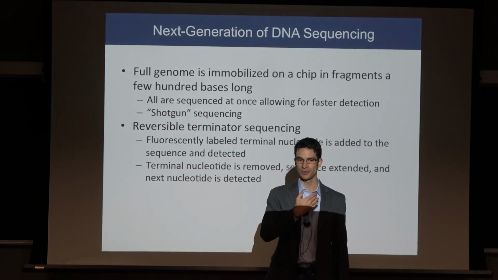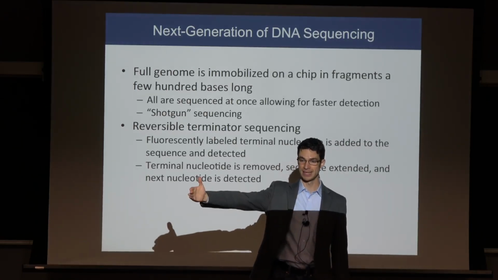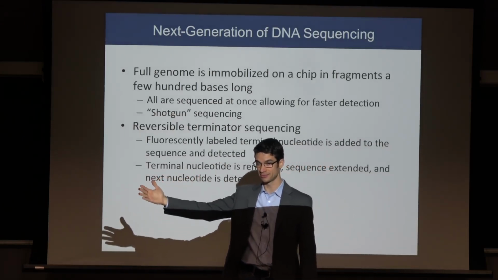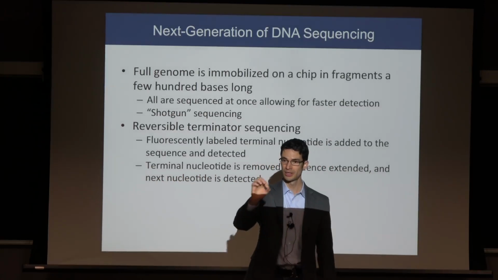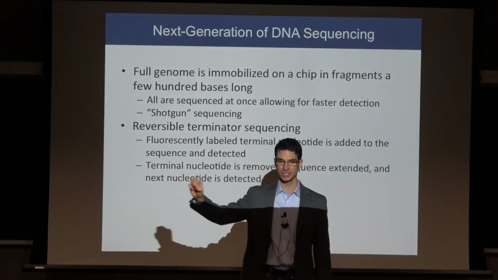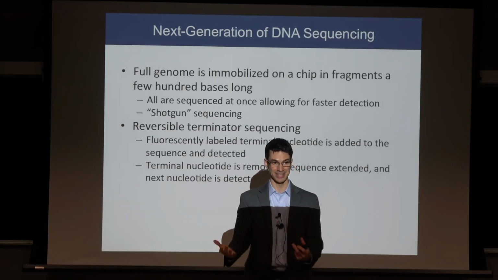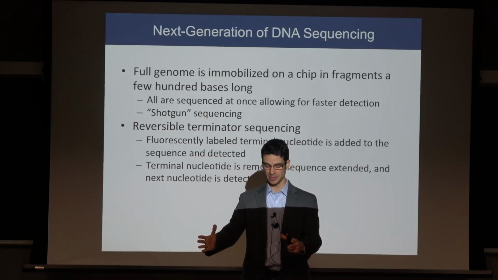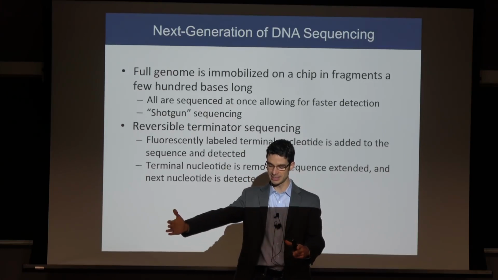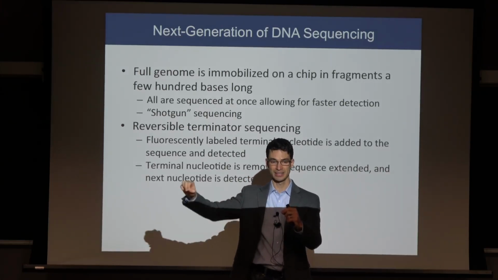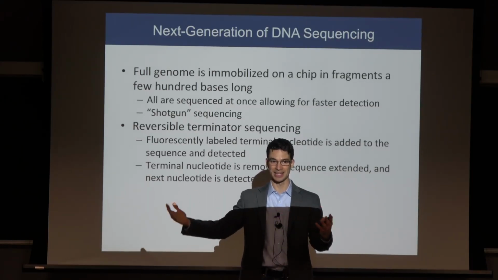Then you flow through fluorescently tagged DNA bases, and you know which sequence was in which spot on the slide or the wafer that you're doing this experiment on. You flow through the bases, and then when the bases bind to their complementary strand, they light up.